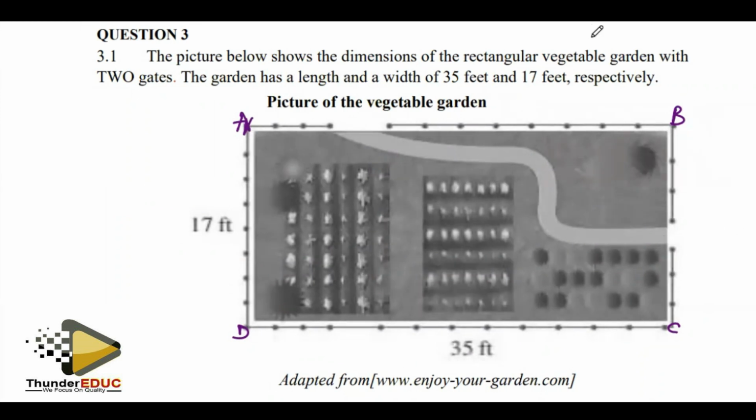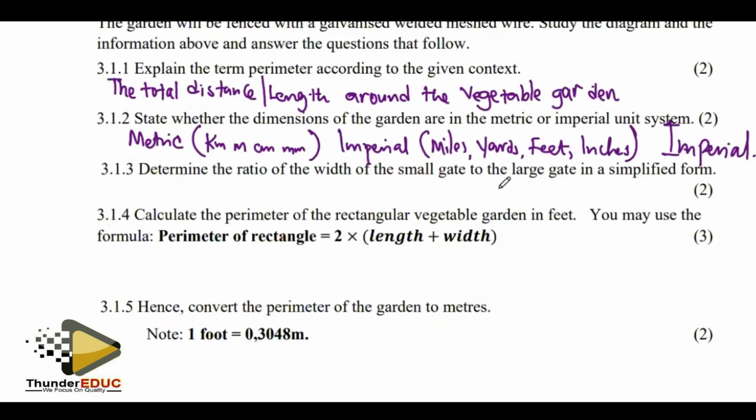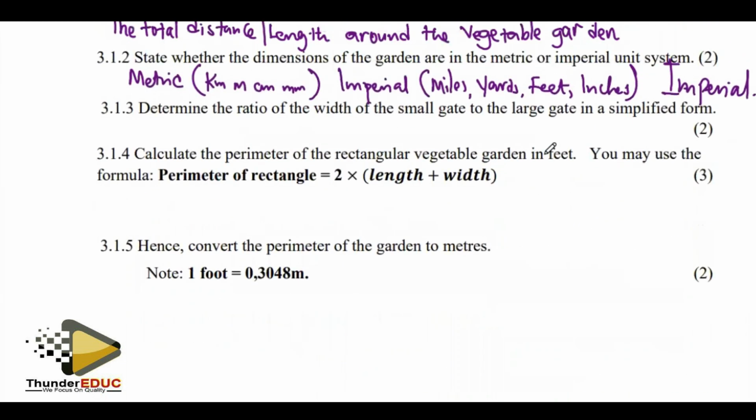It means moving around a given shape or area, on the outside, which is the same as the space occupied by the fence or boundary around a given shape or area.